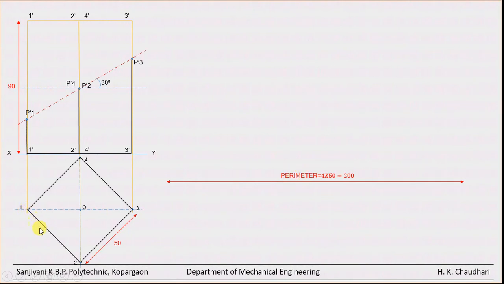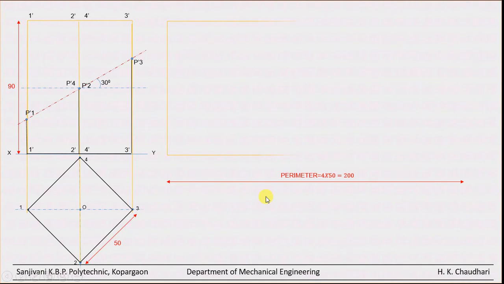The summation of these lengths of the edges. Clear? So 50 is given. There are 4 vertical faces, so 4 edges. So 4 multiplied by 50 equal to 200. 200 mm will be the length of our development.